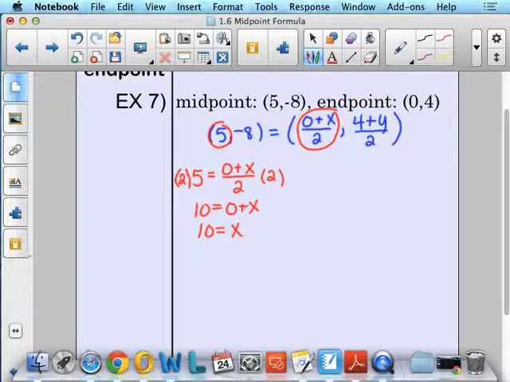Okay, if I do the same thing for the matching y's, multiplying both sides by 2.